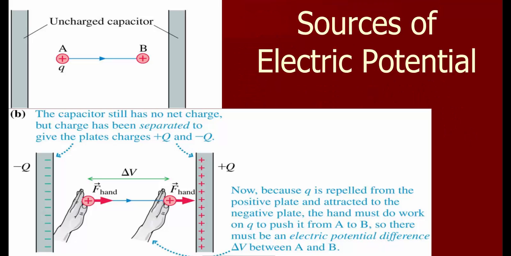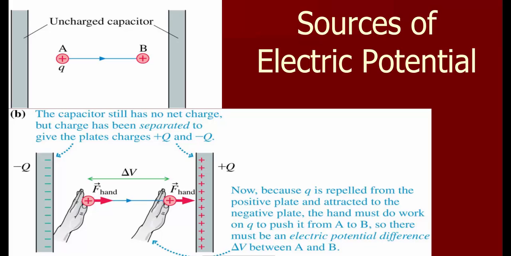So here you see we have an uncharged capacitor, and if you have a positive test charge, if it starts at point A and gets moved to point B, there's no work required to go from point A to point B, right? Because there's no charge, there's no field, there's nothing. It doesn't matter if it's at point A or point B, it's the same.